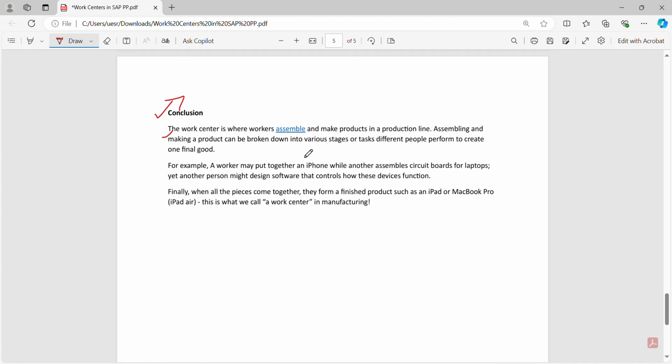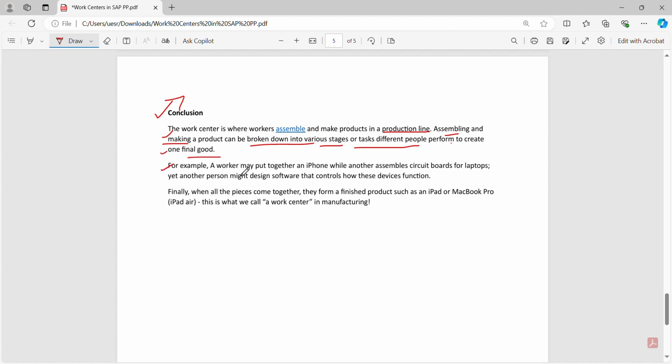A work center is where workers assemble and make products in the production line. That is work center. Assembling and making a product can be broken down into various stages or tasks that different people perform to create one final good.